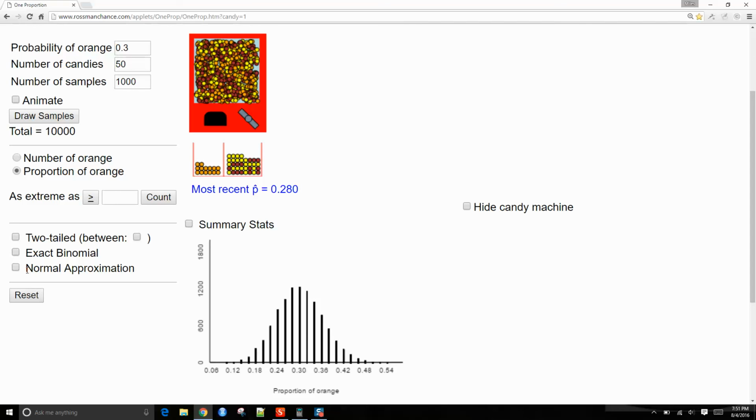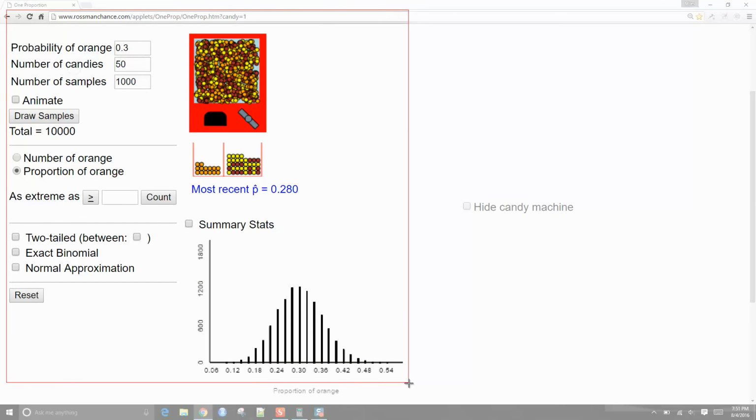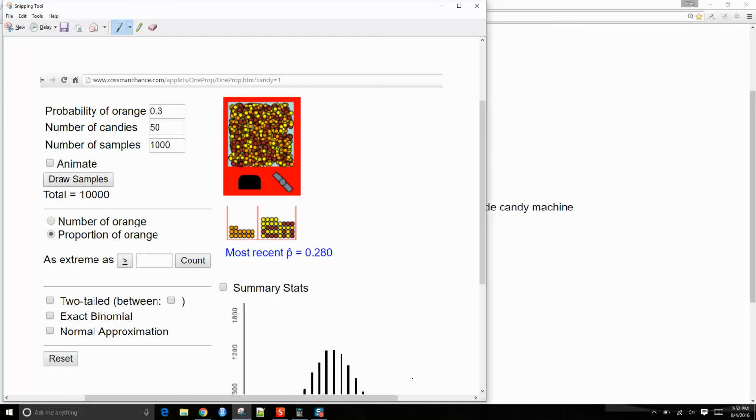If we keep track of all the different p-hat values, we see certain p-hat values are more likely and other p-hat values are less likely to appear. And what we see is that this ends up looking a lot like the normal distribution. All right, I'll put this into our notes.